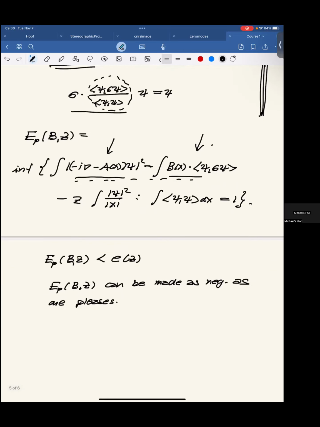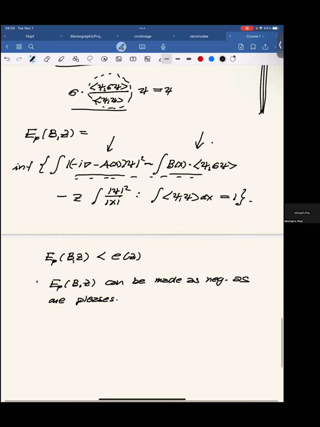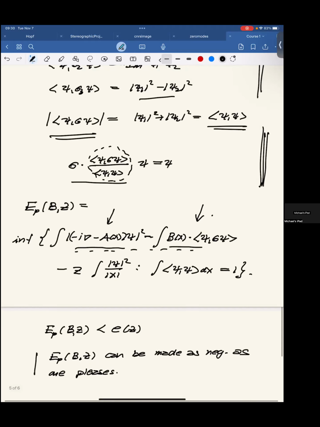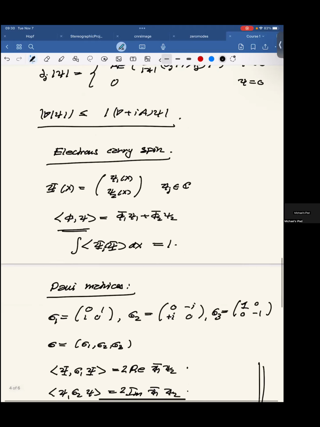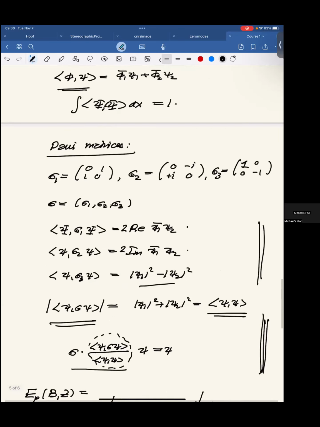So now this is of course a problem. And this brought us many years ago to the following idea. This is in some sense the main motivation for this whole problem.